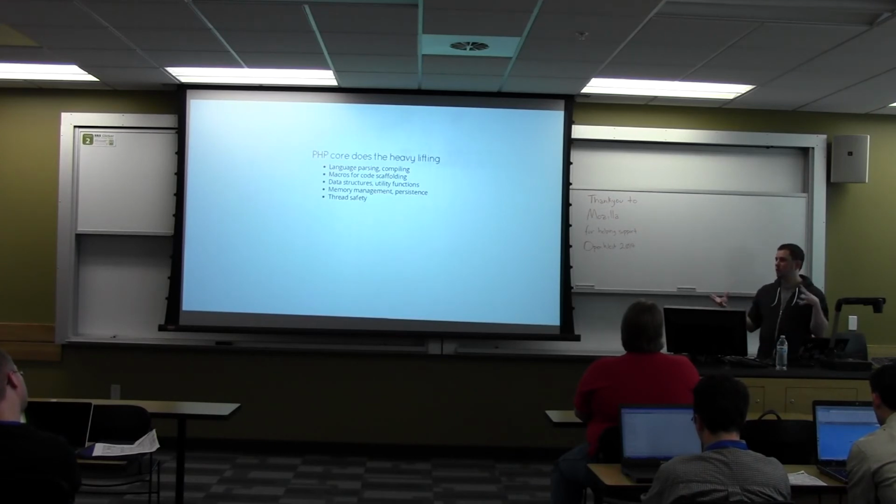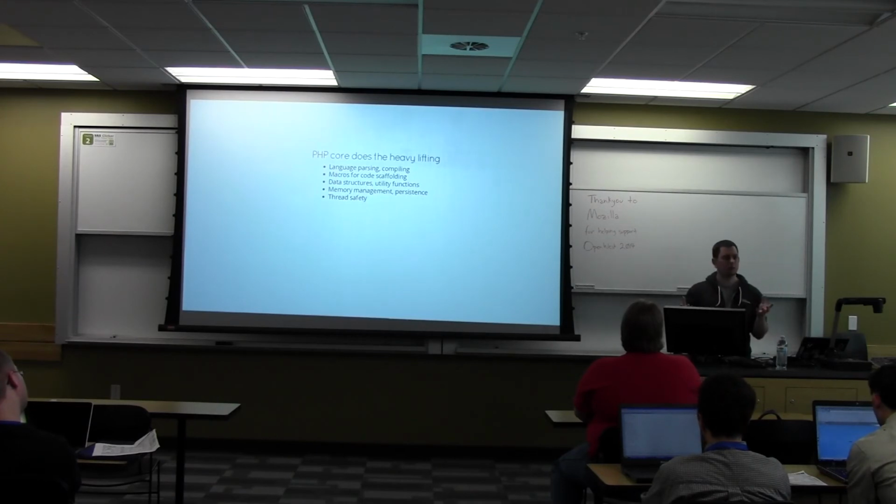If you're using, for example, Nginx and PHP-FPM, you have these worker processes, and each worker process maybe serves 40 HTTP requests, and then it kills itself off. So if there's a memory leak, it's only going to last for 40 HTTP requests and then kill itself.